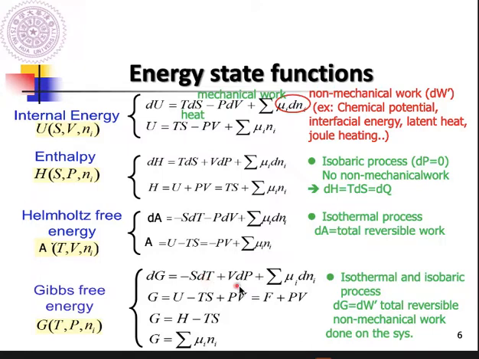So dT and dP equal 0. So the change of Gibbs free energy is contributed by all the non-mechanical work, right? So based on this, depending on what boundary condition or what you are interested in, you can choose which energy state function you are going to use.